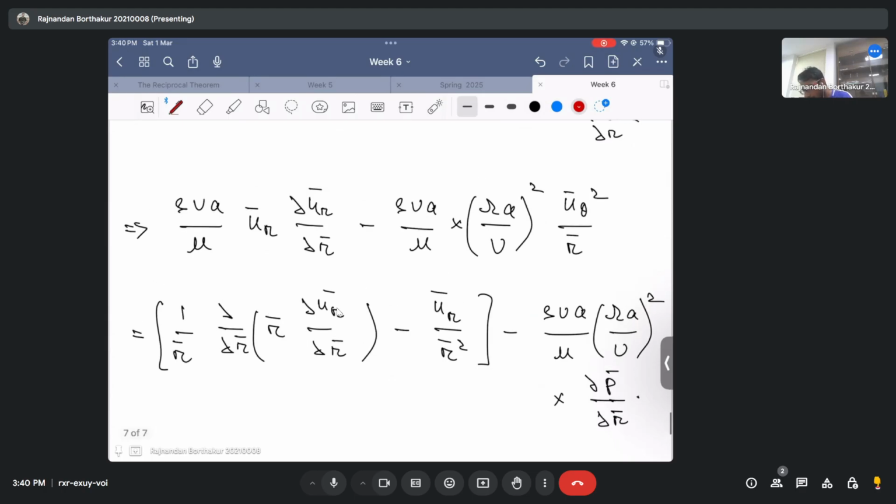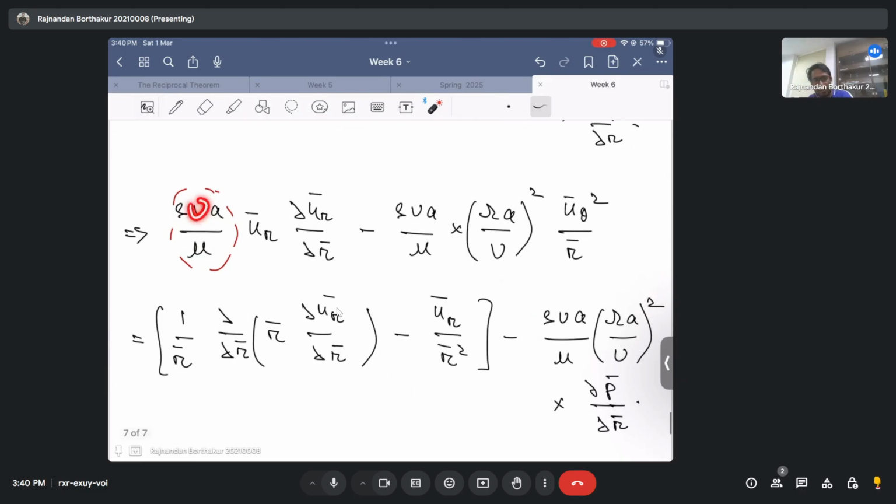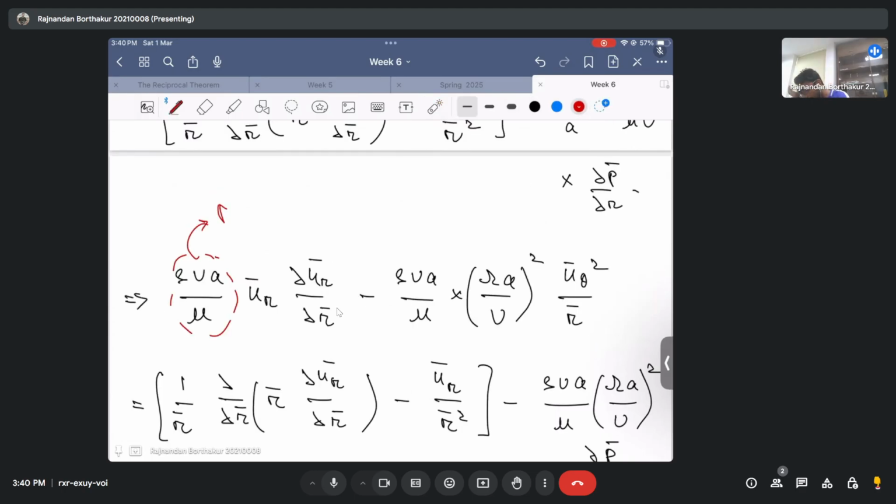So now, what is this? This is rho velocity times the length scale divided by mu, and the velocity is nothing but the suction velocity. So it is the suction Reynolds number. We'll call this term Re.